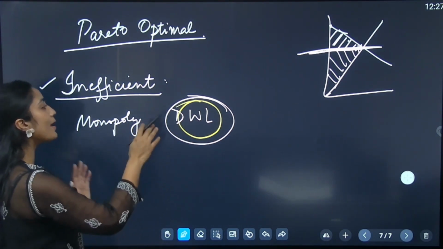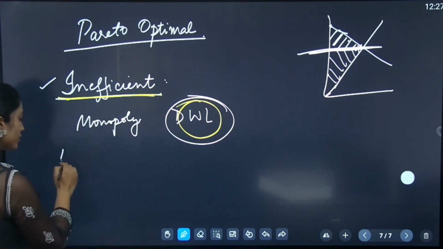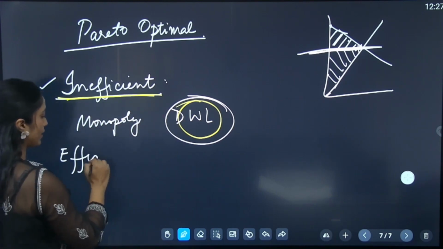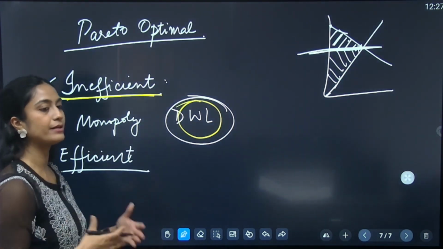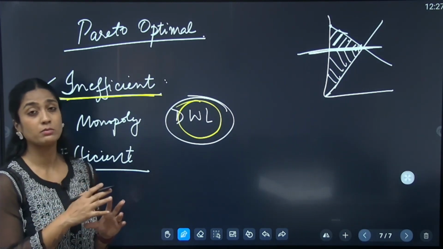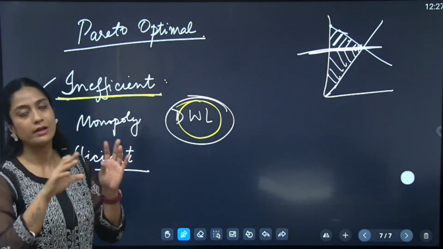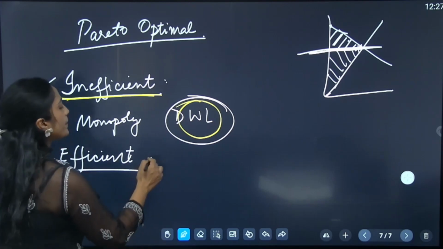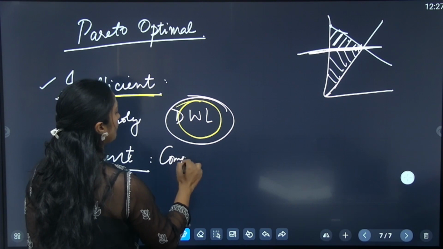And the market is considered inefficient. And an efficient market essentially is the market in which it's not possible to increase the size of the pie anymore. It's not possible to increase the sum of consumer welfare and producer welfare. Okay? So the most efficient market that we have seen is the perfectly competitive market.